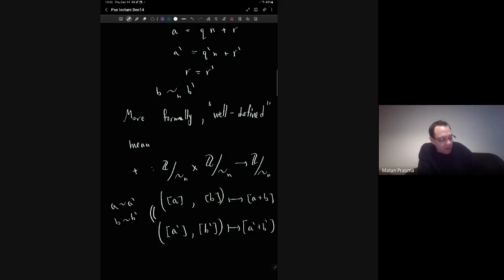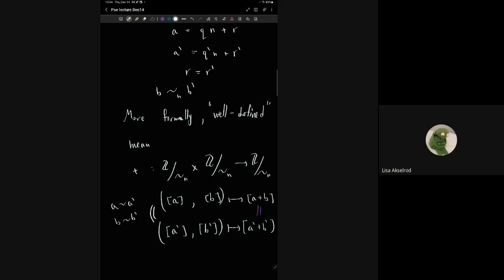And if I actually claim that I have a function, I need that for two different presentations of the same input, the output I get is the same output. Okay, so well defined really means that I have an actual function. Makes sense. Okay.